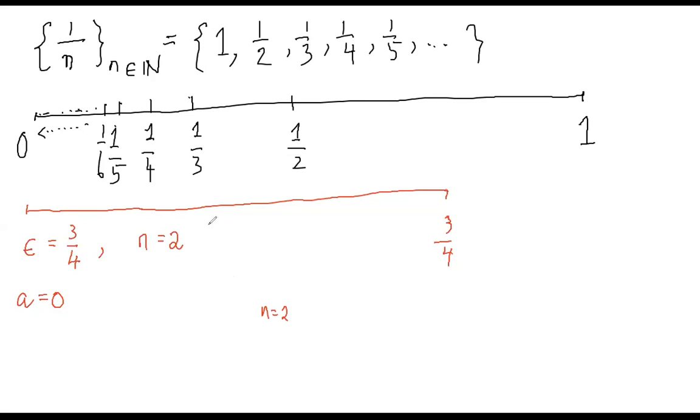Because from n equals 2 onwards, the distance is bounded by 3 over 4. The distance from 1 over 2 to 0 is definitely less than 3 over 4, and definitely for the rest as well. Okay? So for one particular epsilon, you find a particular value of n here.